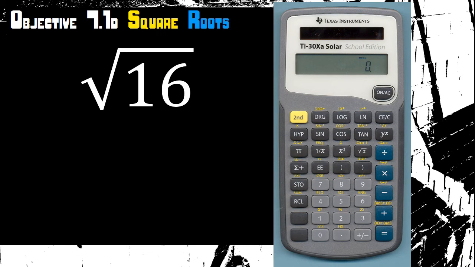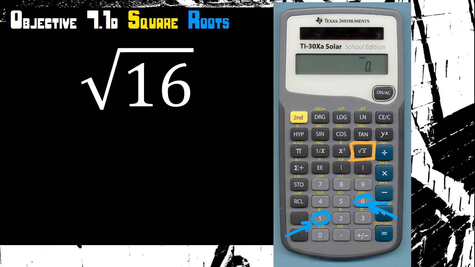Now, if you have one of these handy dandy Mr. Peterson Math Approved calculators, the first step is you're going to type in 16 on the calculator. You can see why I circled 1 and 6. Then I'm going to highlight this in yellow so you can see it.